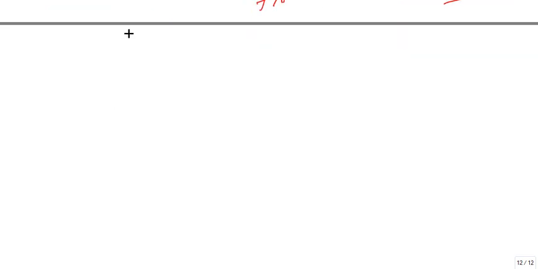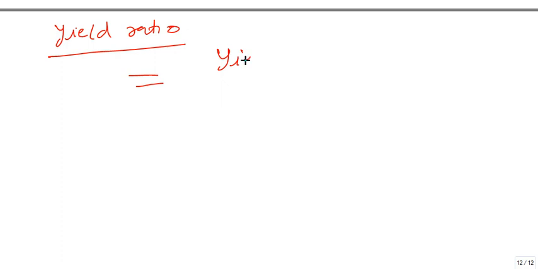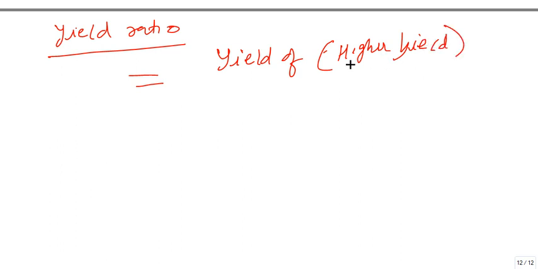Then the third definition that you have over here is yield ratio. You have to find out the yield ratio of the bonds. Yield ratio is the yield of the particular bond, or the yield of the higher yield bond, because as I said, the CFA curriculum says the higher yield bond is the specific bond and then you have the benchmark.